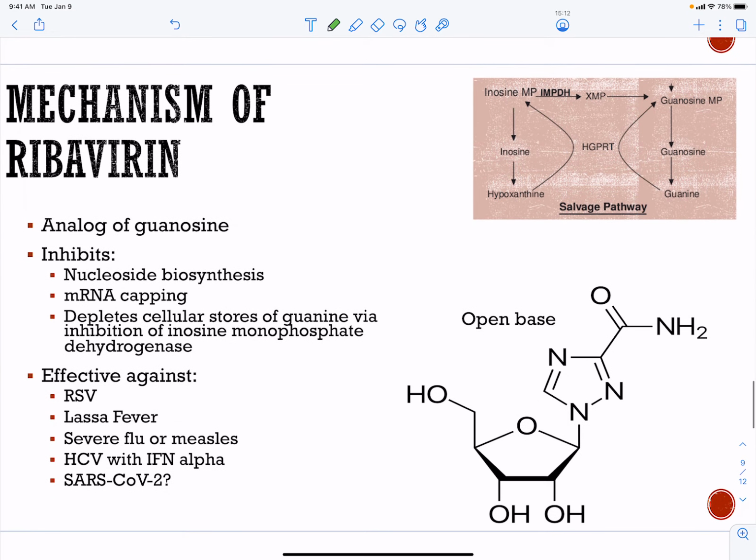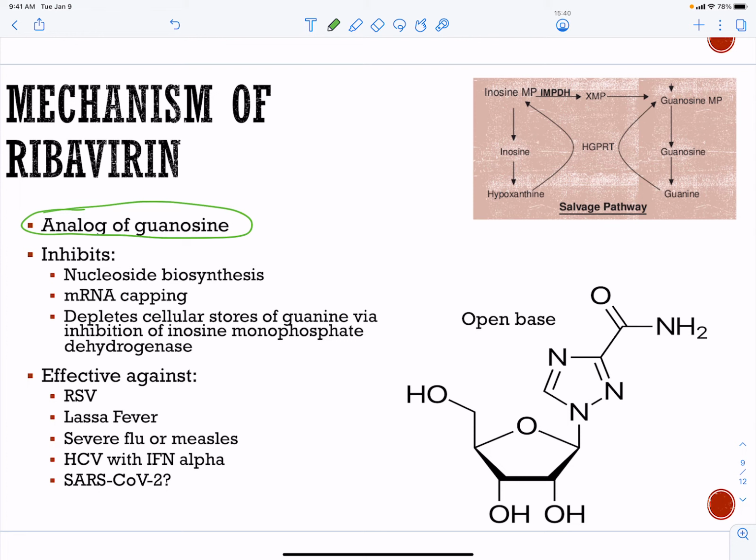Now we also have ribavirin. This is going to be an analog of guanosine. It's going to inhibit a lot of things. So when you do messenger RNA, you have a 5' cap, and those are guanosine caps, so it's going to inhibit messenger RNA capping, which makes the message more able to be degraded.